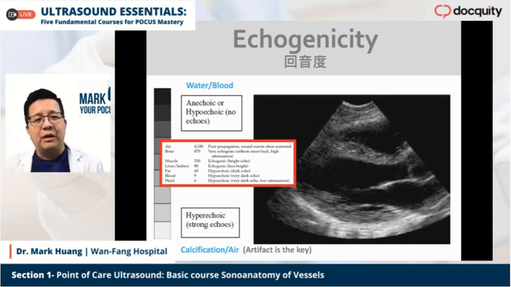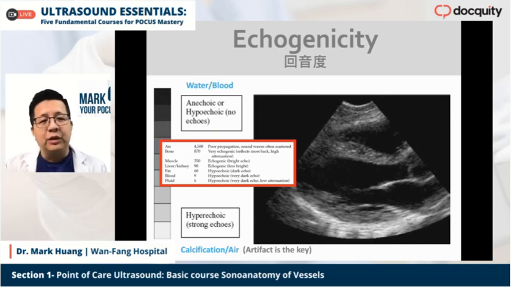So you need to think about how we identify it. It's very simple. Just follow my slide. The artifacts are the key. If you take notes, when you see a hyperechoic surface, you presume it is calcification. It will combine with acoustic shadowing, which means a clear shadow, totally dark.